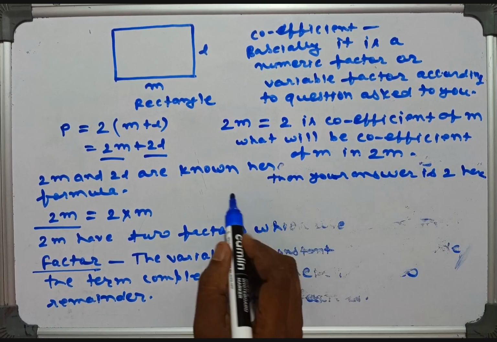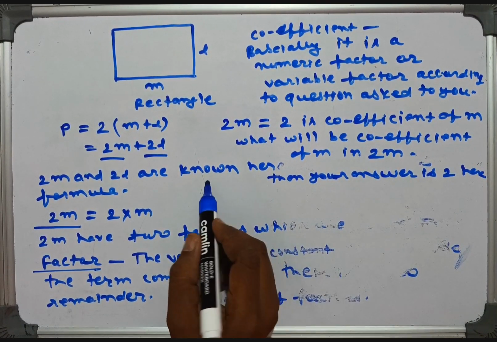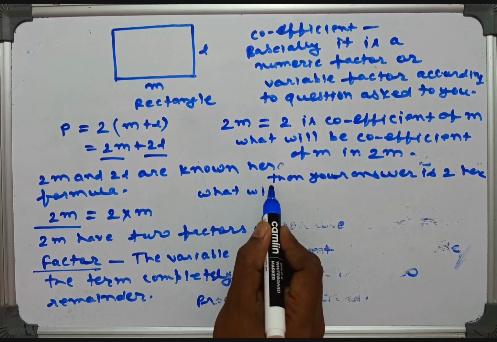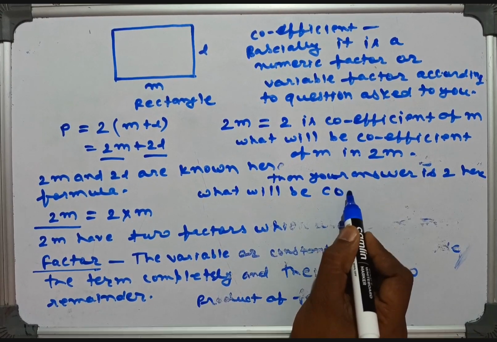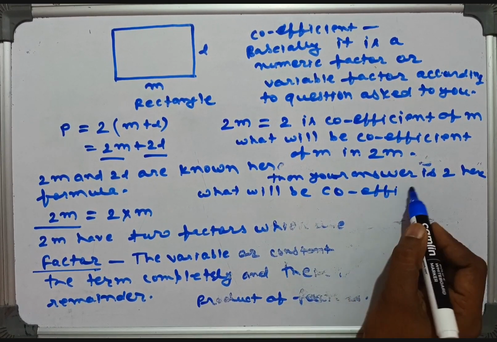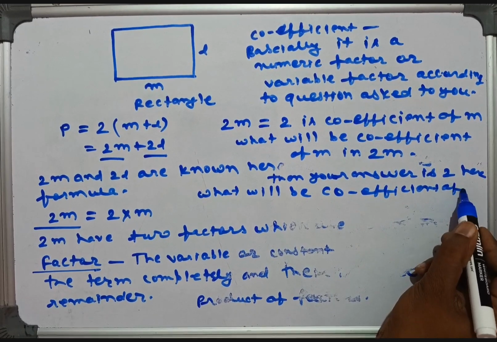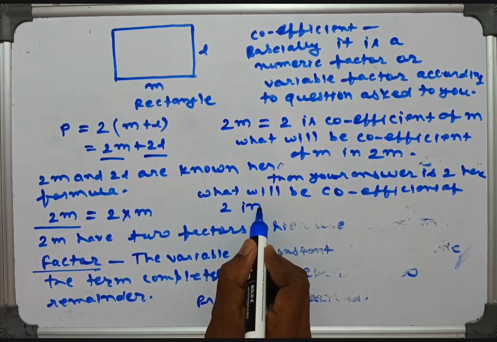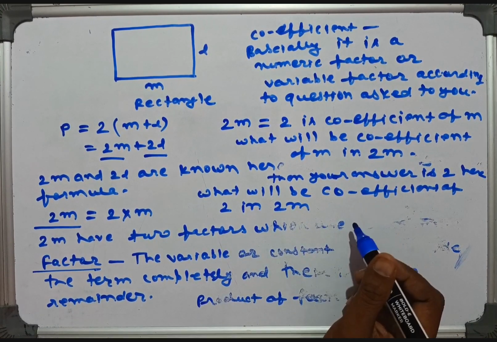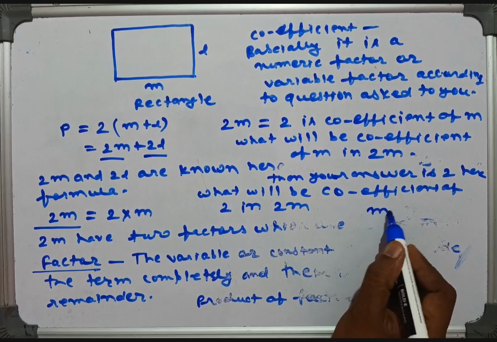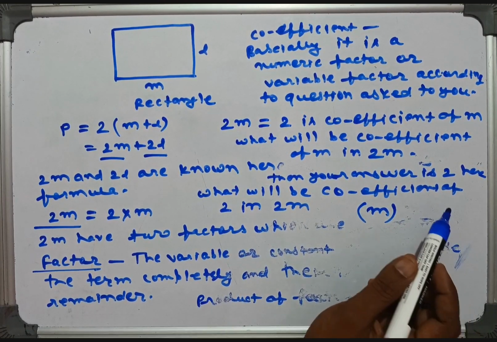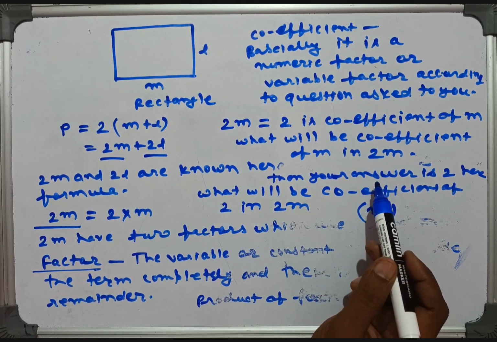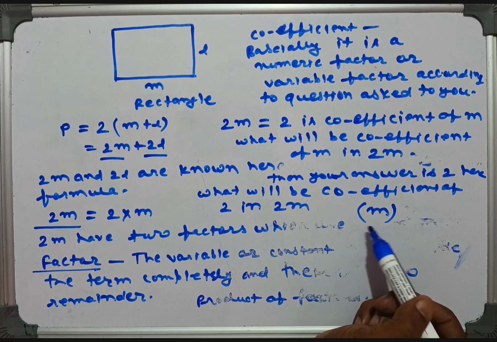Okay, however, if somebody asks you what will be the coefficient of 2 in 2m, then your answer is m. So what you see, according to the question, coefficient may be constant or variable.